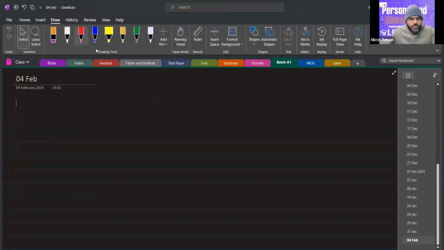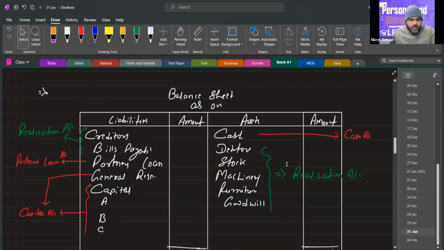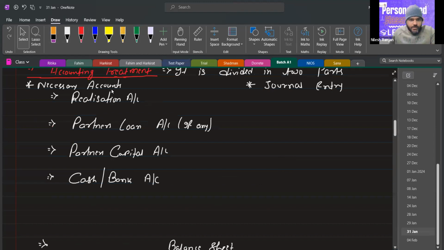So there are four accounts that we have to create. One is this realization account. The second is partners capital account. Third is cash or bank account. Fourth, the partners loan account, will be opened only if there is any partners loan.